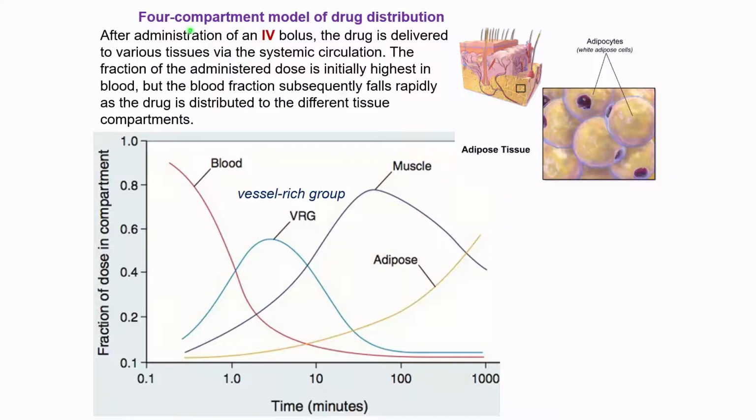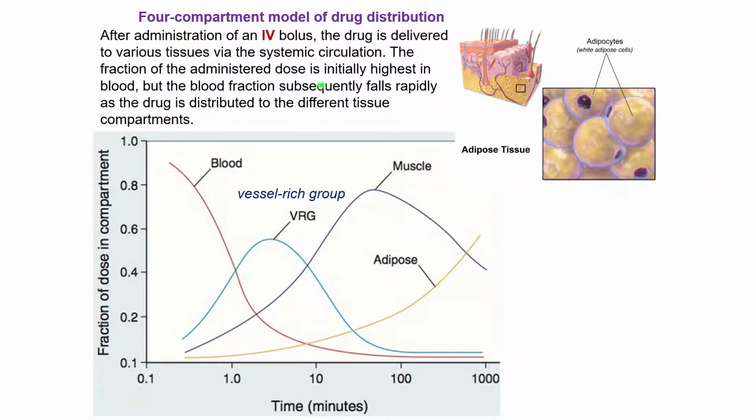There is a 4-compartment model. Again, the human body is very complex, so we need to use models. 4-compartment model of drug distribution. After administration of intravenous bolus, so one-time injection, drug is delivered to various tissues by system circulation.